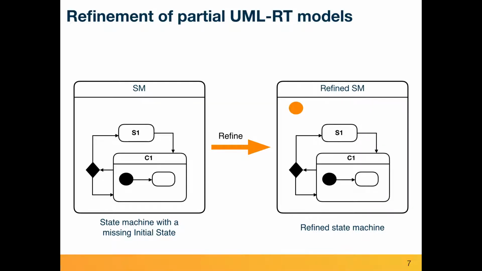Thus, we add a choice point and then add transitions from the choice point to state C1 and state S1. This allows the user to select the suitable and desired next state during the execution.